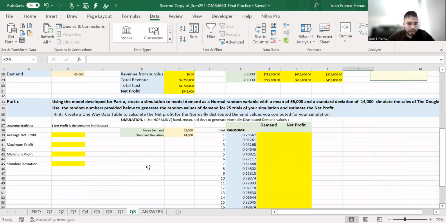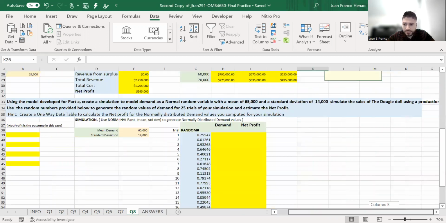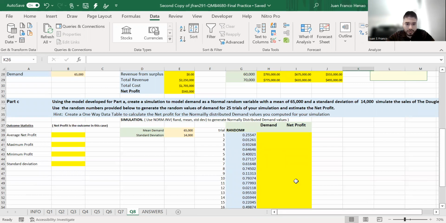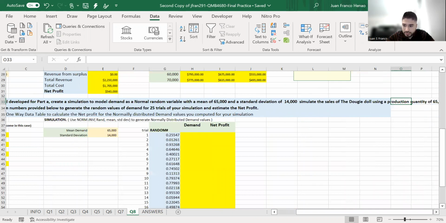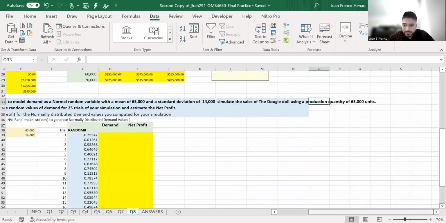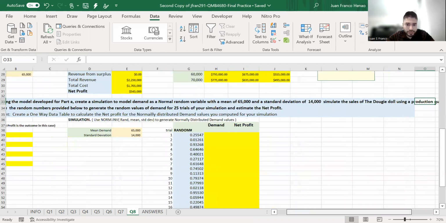Using the model developed for part A, create a simulation to model demand as a normal random variable with a mean of 65,000 and a standard deviation of 14,000. Simulate the sales of the Doogee doll using a production quantity of 65,000 units.